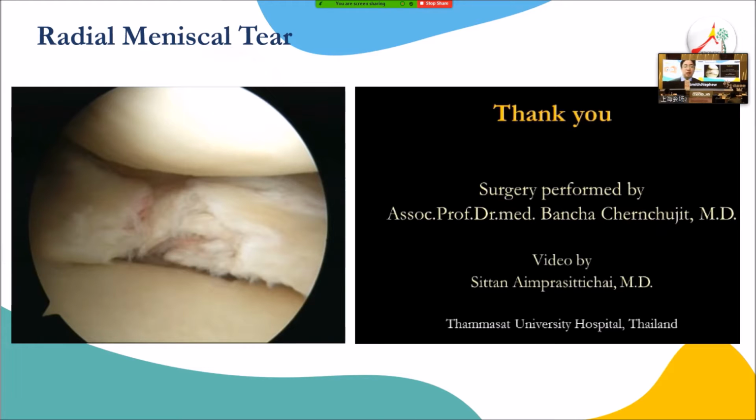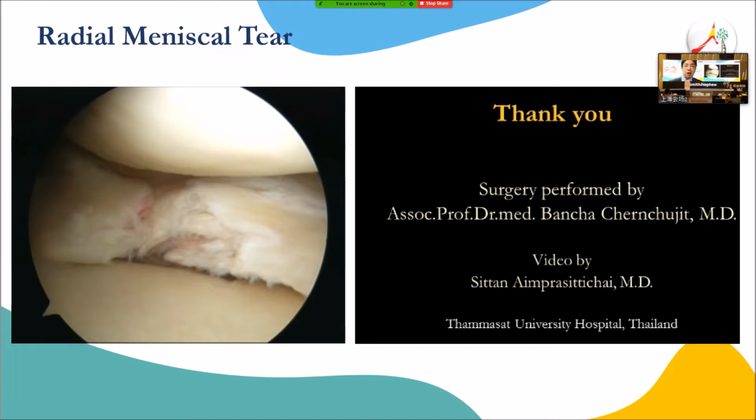It's not like the bucket handle longitudinal tear, which is totally different. So this kind of meniscus tear is very serious for me. If you just repair it, it's not enough because there will be too much tension.